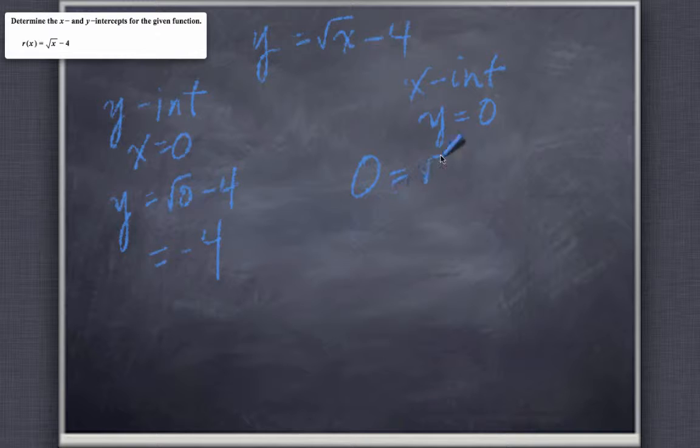For the x-intercept, y is 0. So 0 is root x minus 4. So root x equals 4. That's moving the 4 over and then writing them in the reverse order. So then I square it, and x is 16. So it only has one of each.